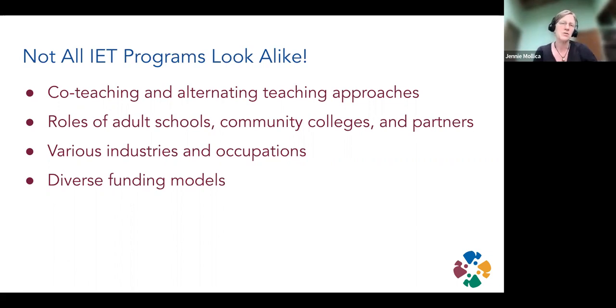We saw very different roles assigned to adult schools and community colleges and in collaboration, or roles being taken on solely by adult schools or solely by community colleges. There's a lot of variation there. We saw IET programs across industries and occupations, and the report includes an interesting table that maps out all the different industries and occupations of just those programs that we talked to. And then, as mentioned, a huge number of different ways of creatively funding the many elements of IET.